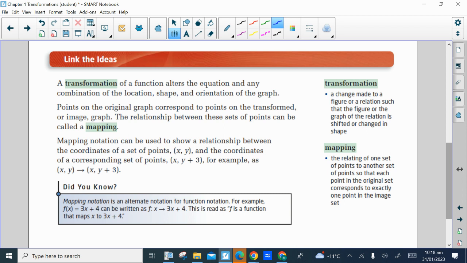But the written response question was, they gave you a transformed function, an equation, and you had to explain a different aspect. What it was is you had an original function f of x, and then you had a transformed function with a couple of the parameters that we've talked about here.